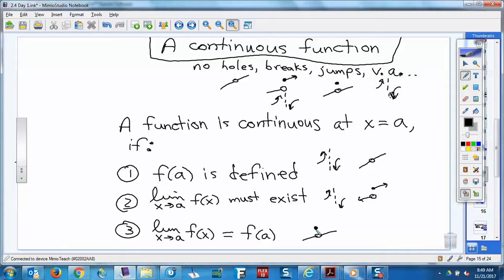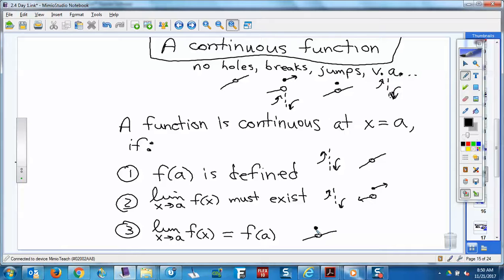Can you just condense it into one rule? Because if f of a isn't defined, then rule 3 will already cover it, since there's no equal. You could say a function is continuous at x equals a if this has to equal this, and that statement doesn't make sense if this isn't a value. The only problem is you can't use that for your reasoning for all of those.